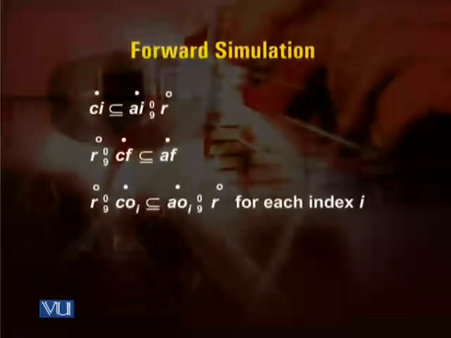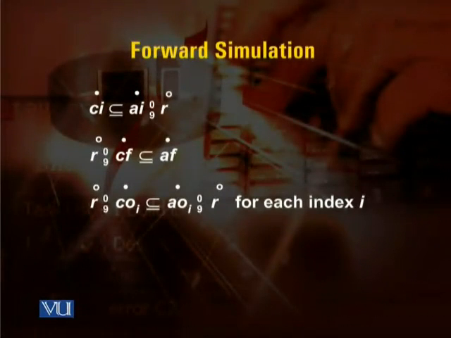In forward simulation, we have Ci dot should be a subset of Ai dot followed by R naught, where R is a relation defined from A to C. The second one is R naught followed by Cf should be a subset of Af.